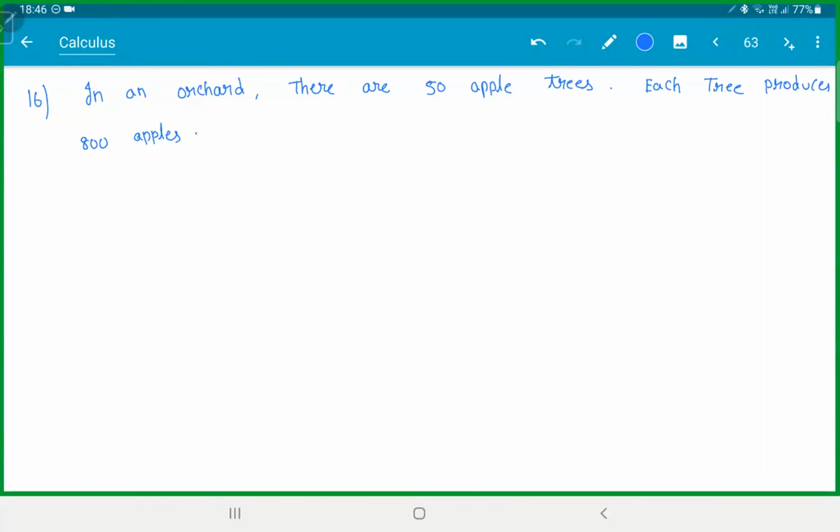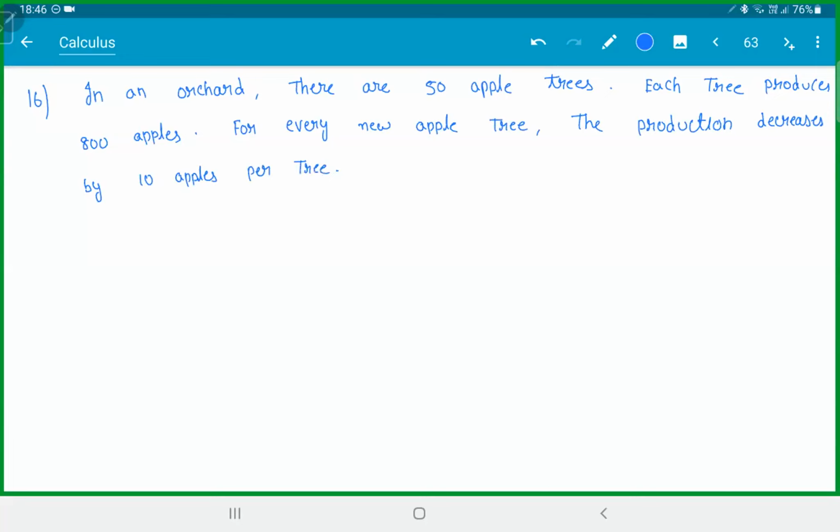So you said, yeah, let's try planting more trees. But generally what happens? Whenever you plant more trees in that same area, there is a fight for resources. So for every new apple tree, the production decreases by 10 apples per tree. So if you put one more extra plant, all the trees will produce 10 apples less.